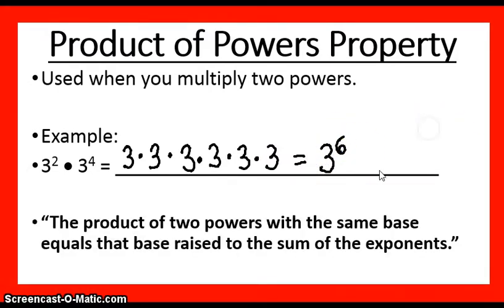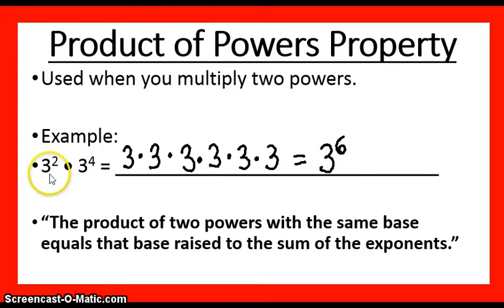So this rule says if you have the product of 2 powers with the same base, it's always equal to the same base number, see how the base number stayed the same, the 3, raised to the sum, which means to add the exponents. 3 squared times 3 to the 4th is always going to be equal to 3 to the 6th.